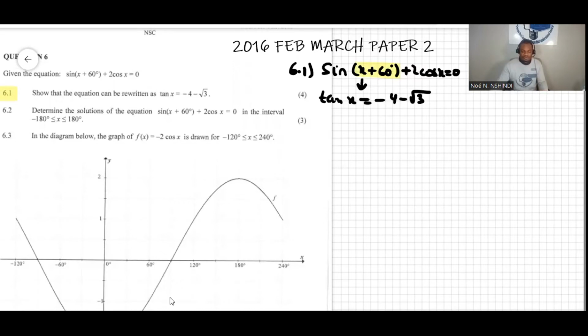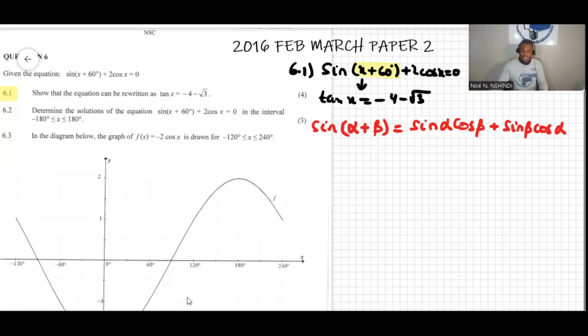So we do know that sine of alpha plus beta is equal to sine alpha times cos beta, plus sine beta times cos alpha. So this is what we're going to apply here.